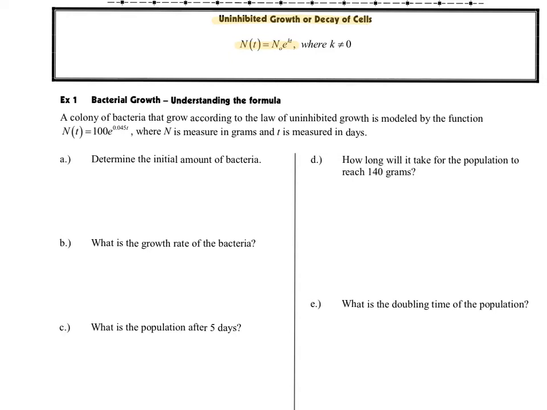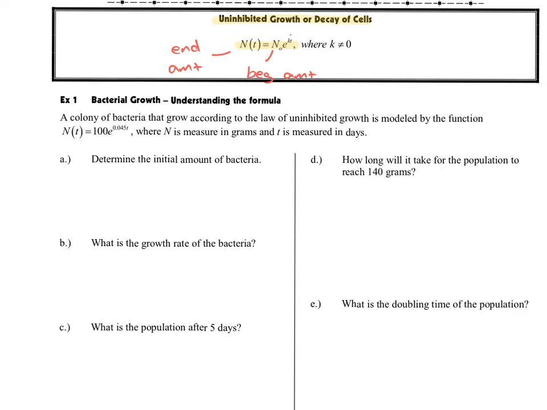On the left-hand side, the N of t is going to be the ending amount of whatever you are trying to get. So maybe you want to know how many cells are there after a particular period of time, or something like that. The N-naught itself is going to be our beginning amount. So if it asks how many were there when the experiment started, that's what you're looking for.